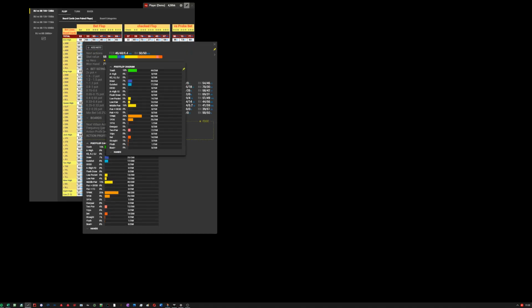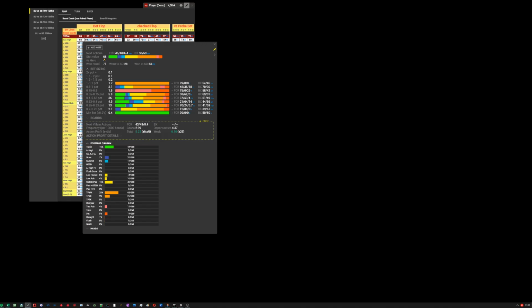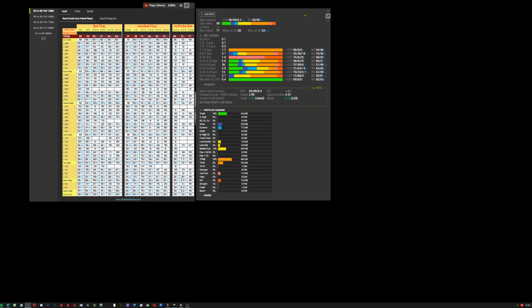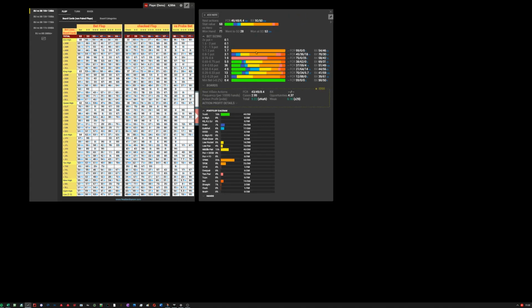You can see the total stat of 68, which is here, 68. And then you can see extensions of the stats. So you can see the whole board composition for the postflop diagram here.